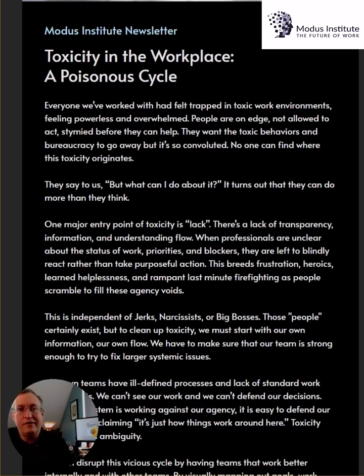But more often than not, it's just because there aren't systems for information to travel smoothly from person to person or team to team or group to group or what have you. So it's incumbent upon us all as individuals to start to create those systems, to start to create non-toxic systems that then become standards for how we can work together better in the future.